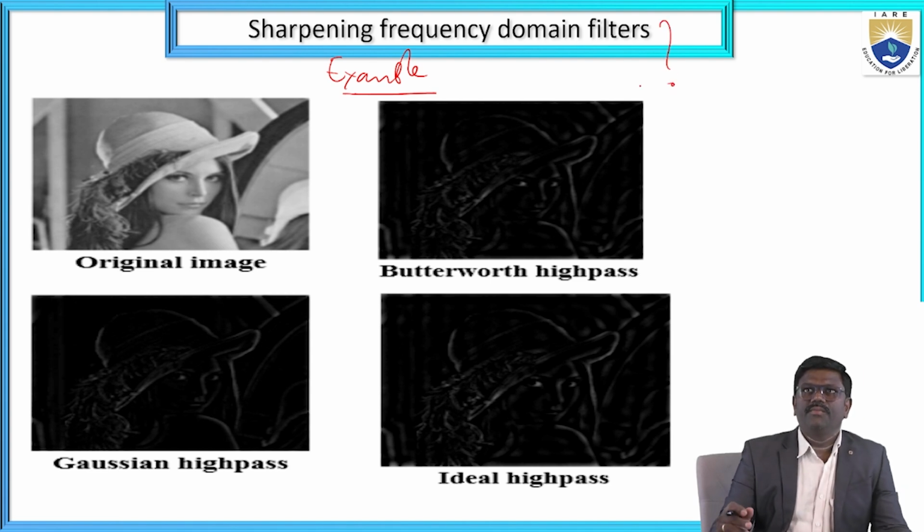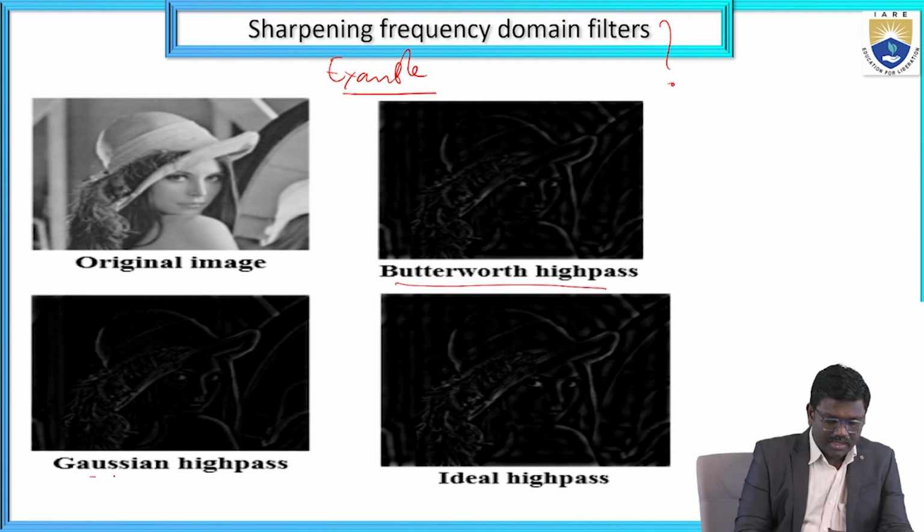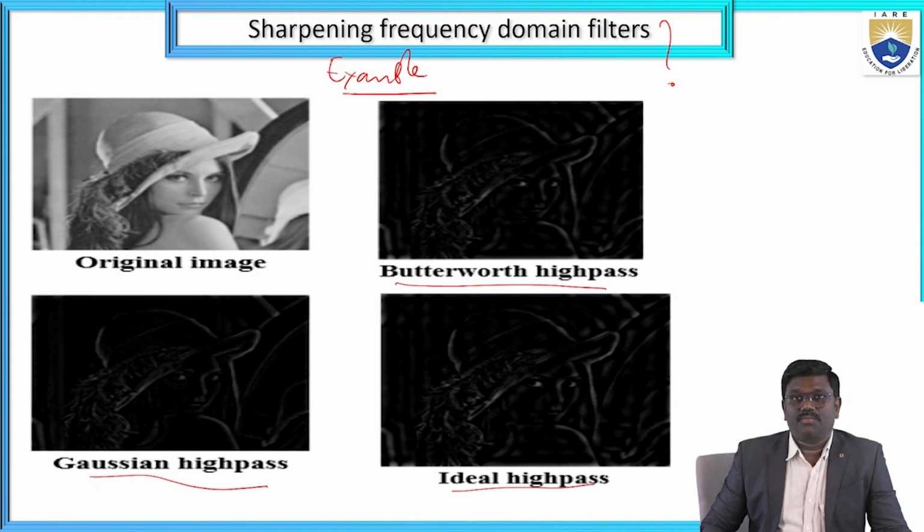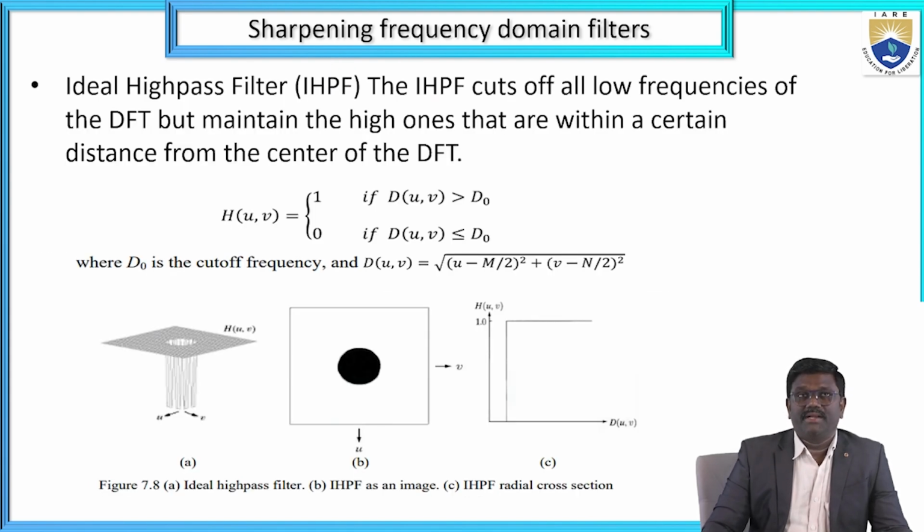Here is the original image, a standard image, which we converted by applying the Butterworth filter, Gaussian high pass filter, and ideal high pass filter, and the results are visible here to the required extent. But there are still some disadvantages in sharpening with those filters, so to process them we are going to use simple mathematics.